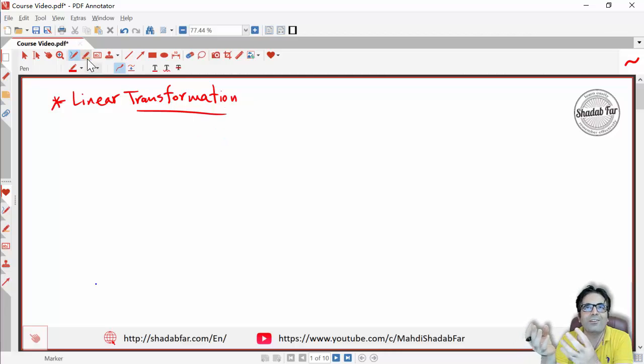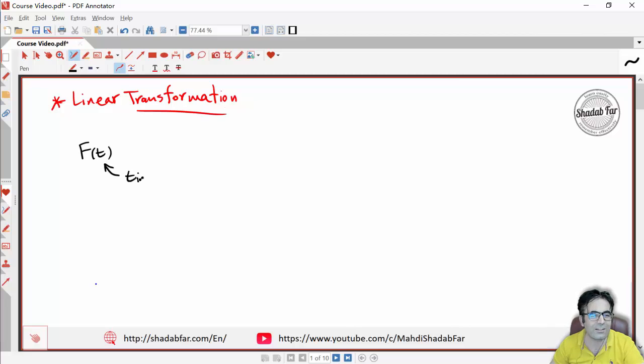Let me put it in this way. For example, let's think that we have a function like f(t). So this is a function and the variable, let us think of it as time, okay? So we have a function of time and we are going to transfer this function, instead of t, to look at it with the new variable s.